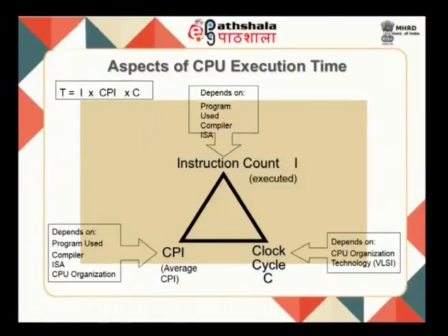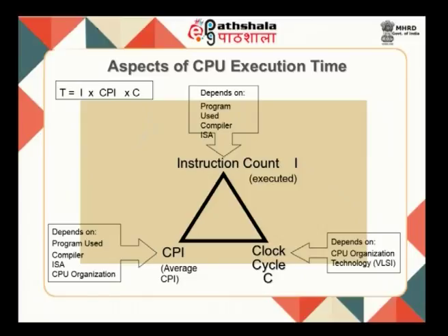This again depends upon the program used, because you may use complicated instructions which have a number of elementary operations. So, your average CPI value might increase. Similarly, the compiler may translate it using complicated instructions instead of using simpler instructions.